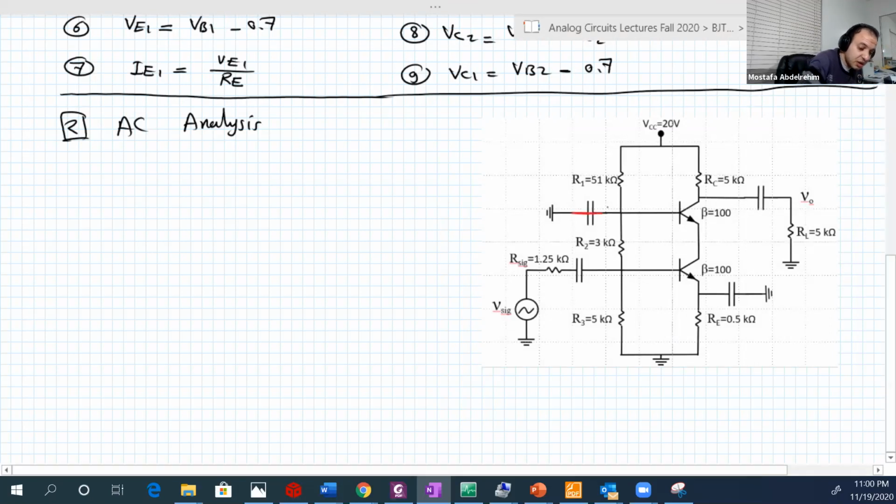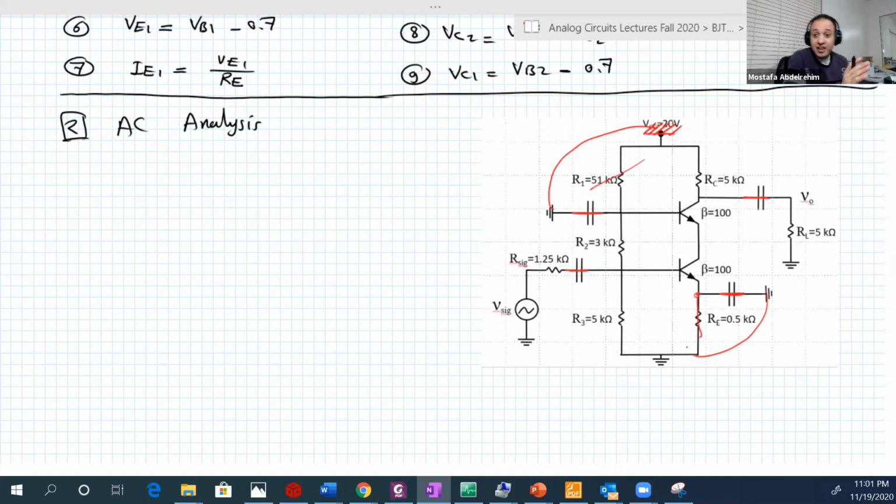So this will be short, this will be short, this will be short, this will be short. Cancel DC sources. This is just one source, so this will be short. Before we continue, here is a short 0, and here is another 0, so you can connect them to each other. So R1 will be cancelled, it's shorted. RE is the same also, because this is now 0 and this is also 0, so it's also shorted.